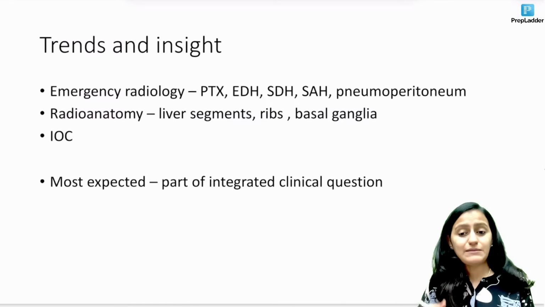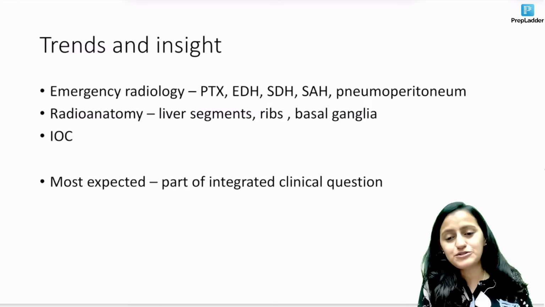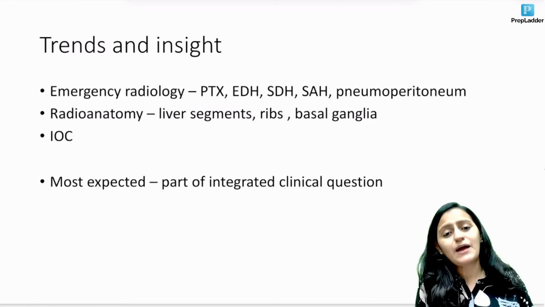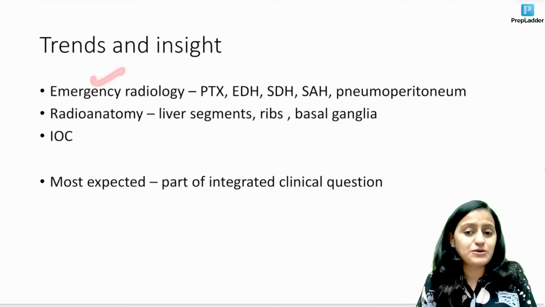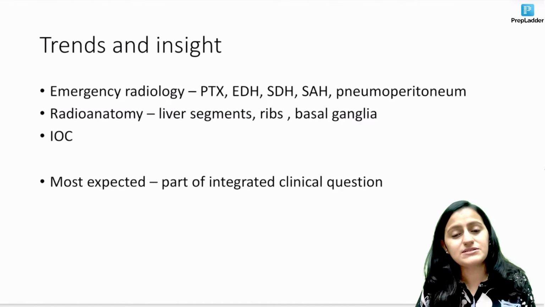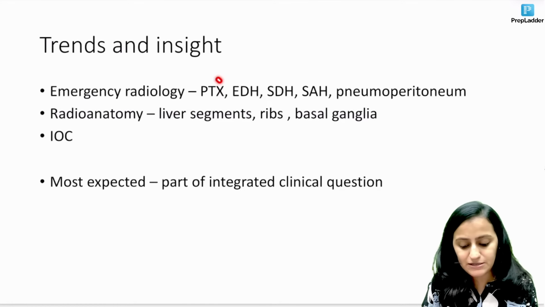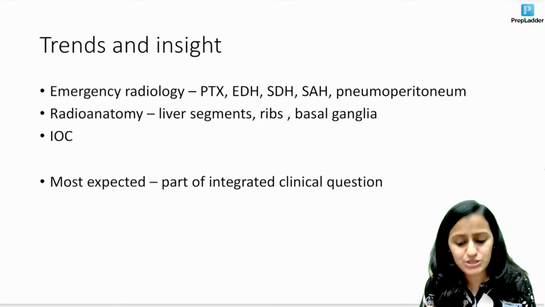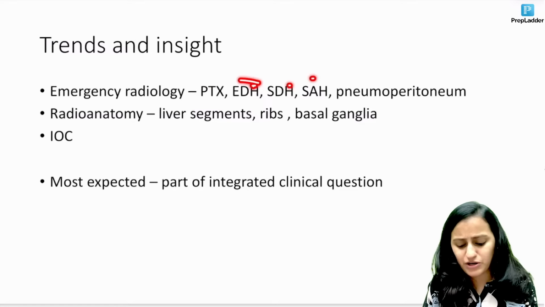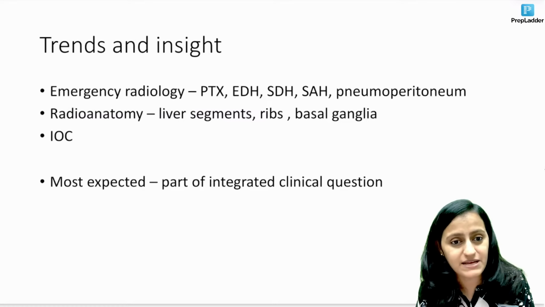So first, let me tell you the trends and insights into what kind of questions have been asked in the radiology exam recently, and what you expect for the upcoming exam. The trend that we are seeing: emergency radiology images are definitely asked in the exam, like be it pneumothorax, pneumoperitoneum, or the various CNS hemorrhages like EDH, SDH, SAH. One of these is there in almost every exam.